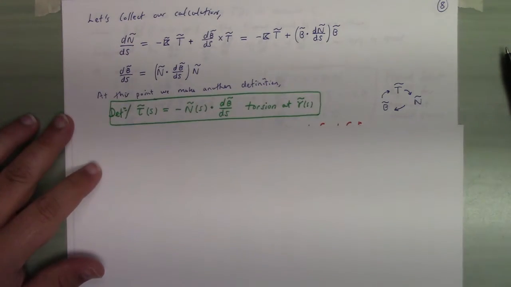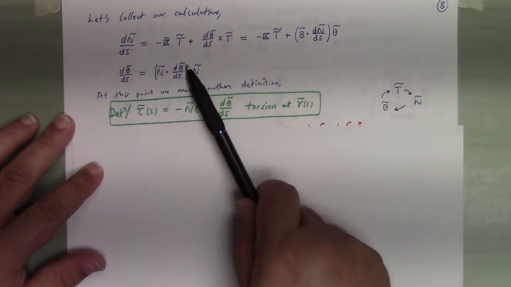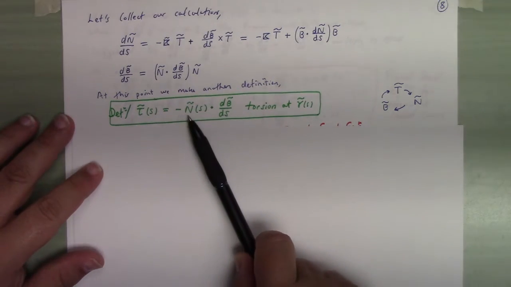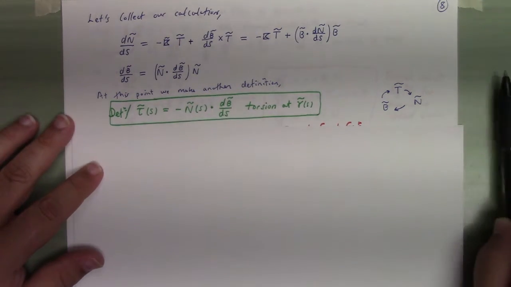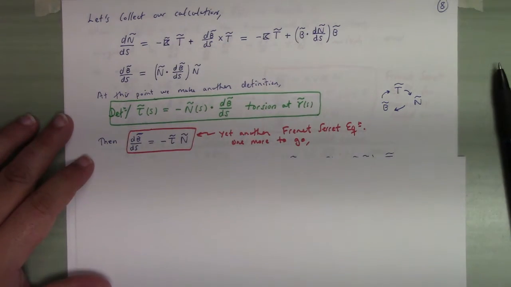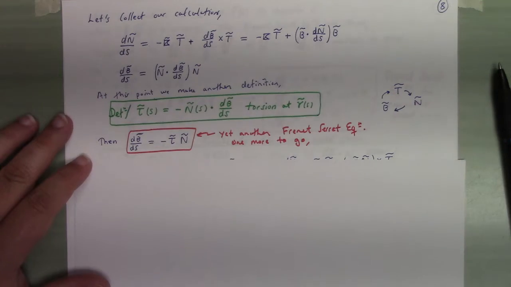And so we define the torsion to be minus that number, whatever that is. So the torsion is minus n dot b tilde prime with respect to s. That is the torsion at gamma tilde of s. So there's another one of the Frenet-Serret equations.